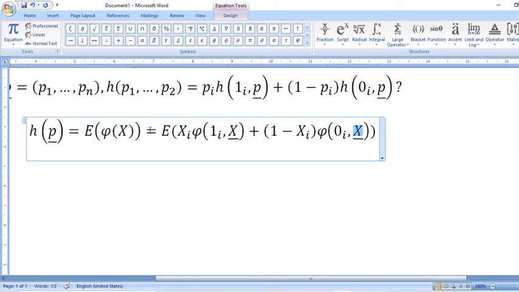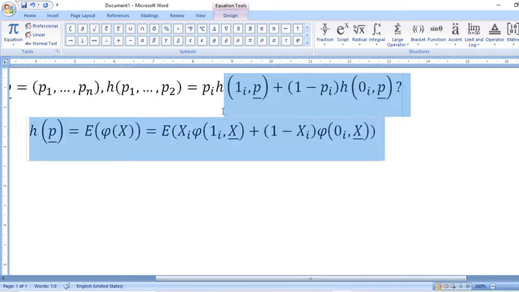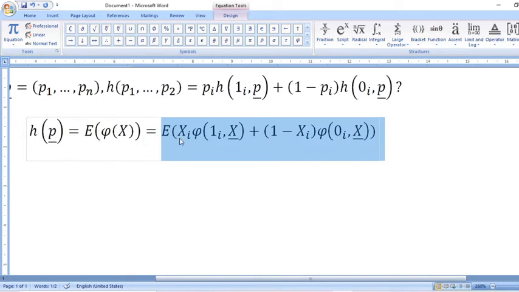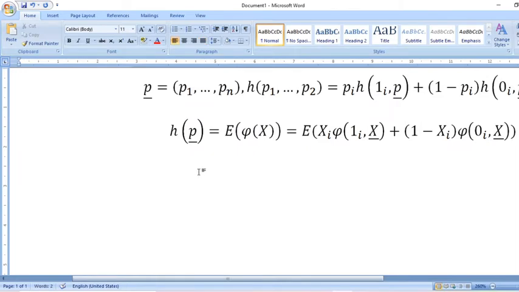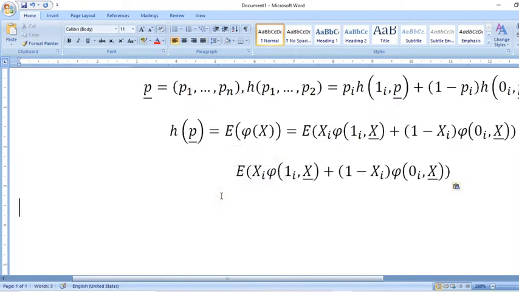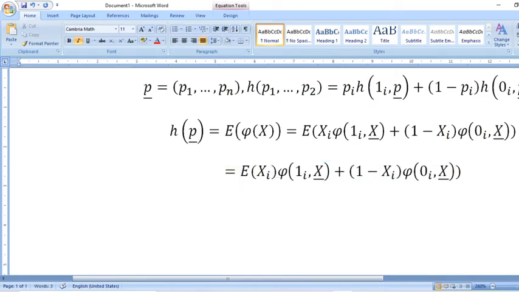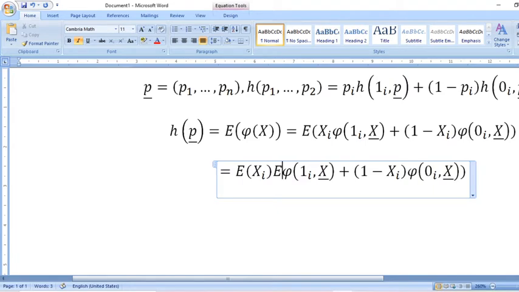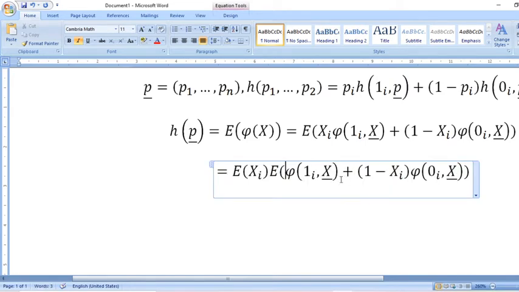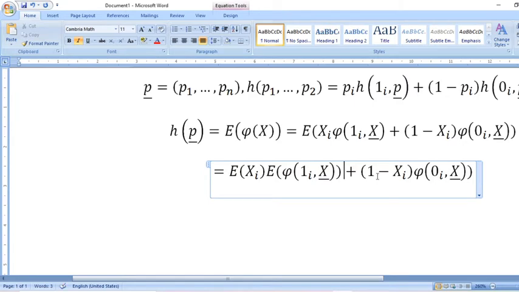So we have substituted the expression for phi of x that we discussed in the first chapter. We can take the expectation inside. Since we are assuming all the components are independent, we can take the expectation like this.